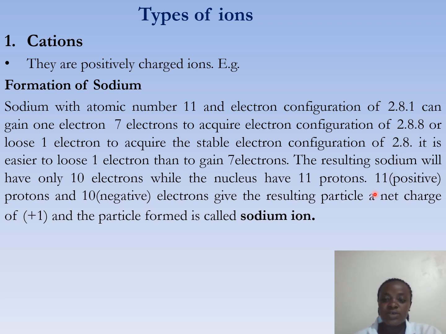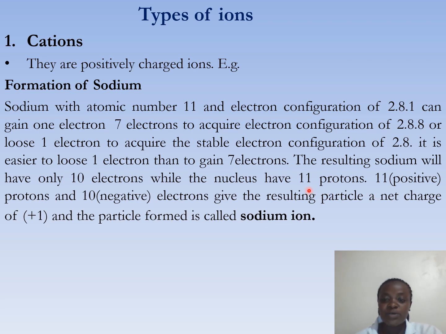So the resulting particle will have only 10 electrons. Remember, it has lost 1 electron in the outermost energy level, so the remaining electrons are 10. But in the nucleus, we still have the 11 protons. We have not lost any proton.